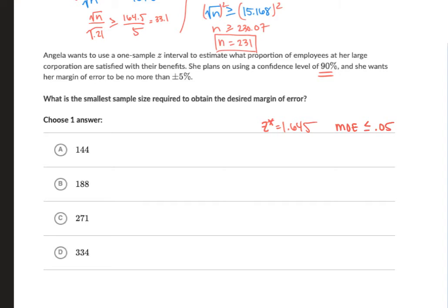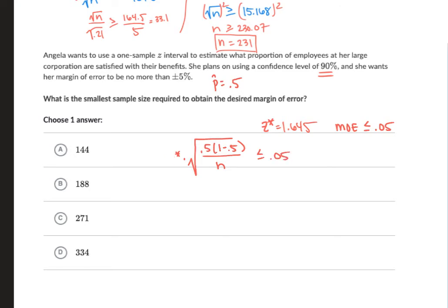We calculate the margin of error by doing z star times the square root of p hat times 1 minus p hat over n. They don't give you a p or a p hat. Whenever they don't give you one, you're going to use p hat of 0.5. So it's 0.5 times 1 minus 0.5 over n, and we want that to be less than or equal to 0.05.